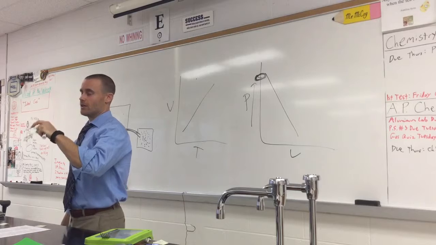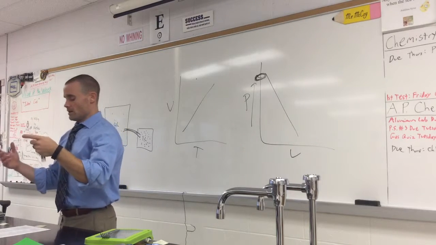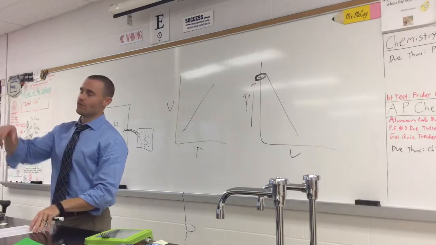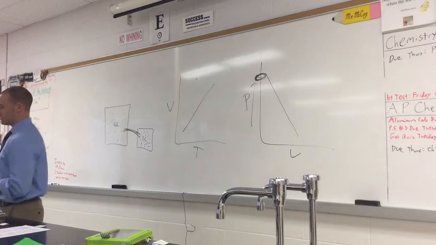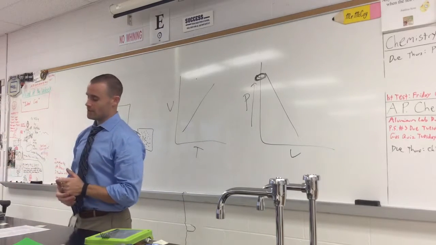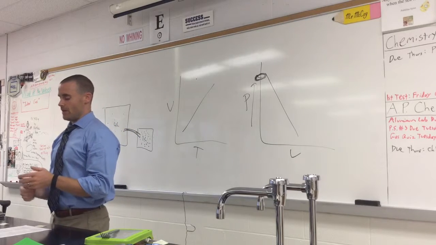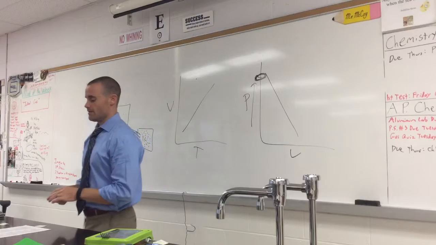Ideal gases claim to not have any forces of attraction. So that's impossible. Every single thing in this world that you interact with, even the air, has forces of attraction. They're weak, because they're gases, but they have them. So ideal gases can't exist because they claim they don't have forces, and that's impossible. That's why they don't exist.